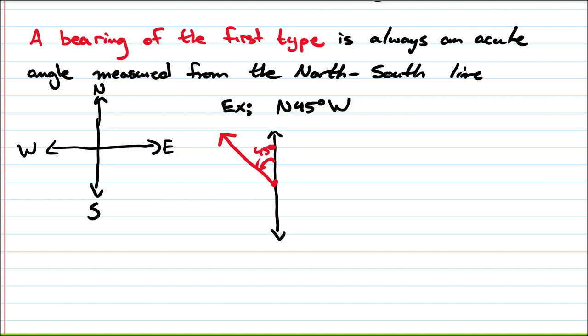So that would be north 45 degrees west. So you measure from the north-south line, and then you're going to move west 45 degrees from the north-south line.